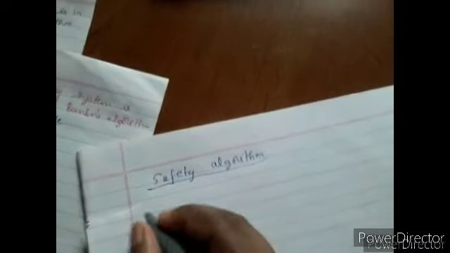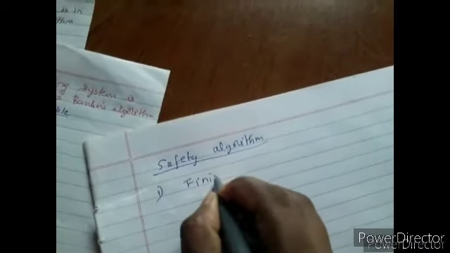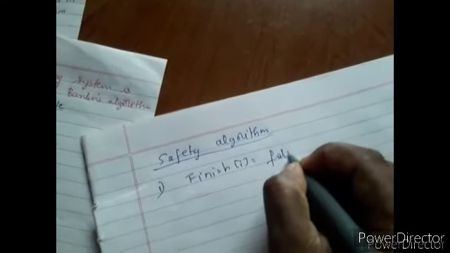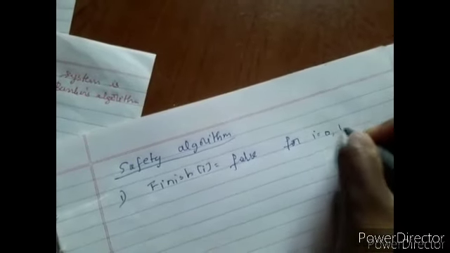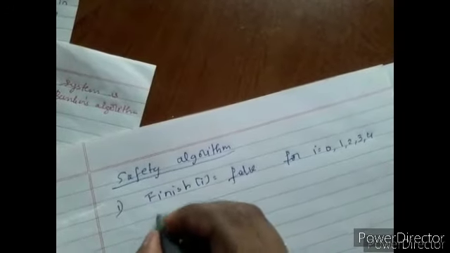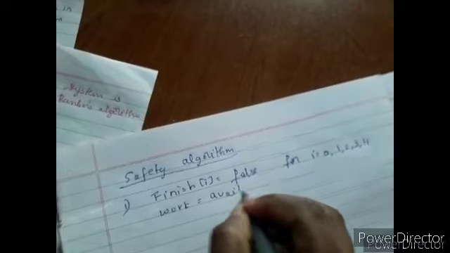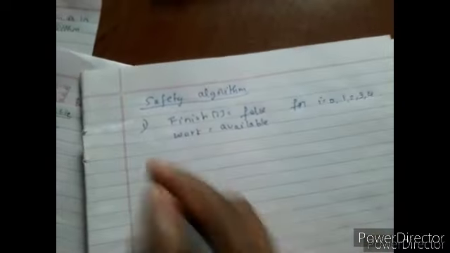Safety algorithm. So in the safety algorithm, in the first step we need to consider finish of i is equal to false for all i is equal to 0, 1, 2, 3, 4. Okay, next we need to consider work is nothing but available. Now what is the available value?